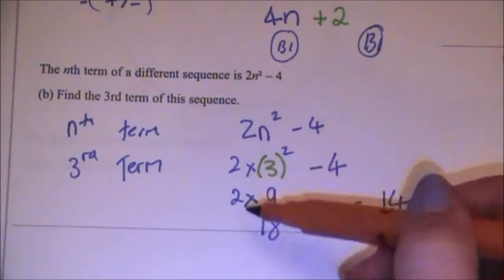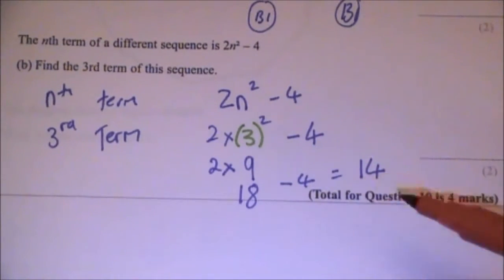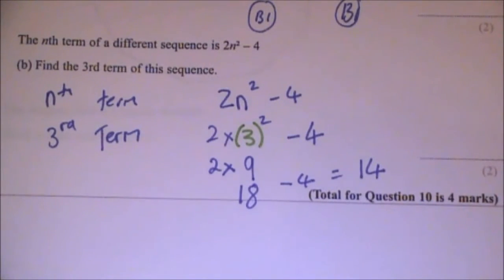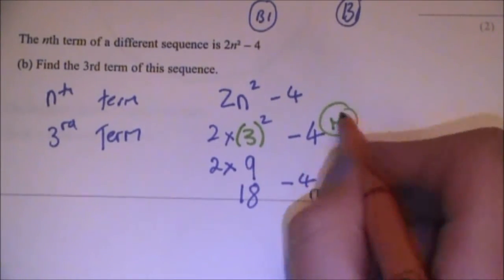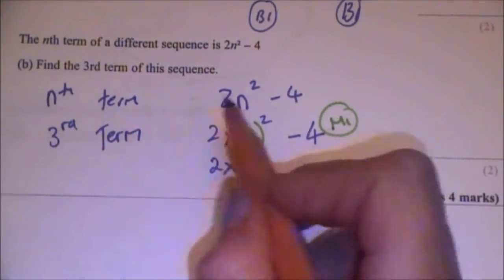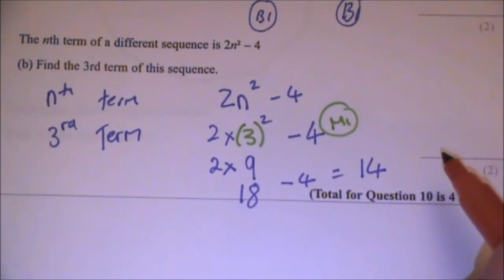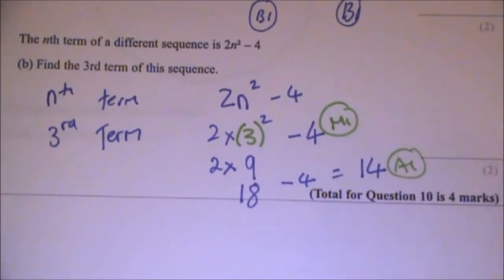There are more logical ways of setting this out, but whilst I'm talking through it, this is how I'm going to lay it out. And it's given me that 14 is the third term of that sequence. With regards to how marks are allocated for that question, you get a method mark for showing that you understand you need to substitute the 3 in instead of n, and then you get the final mark for having the answer of 14.